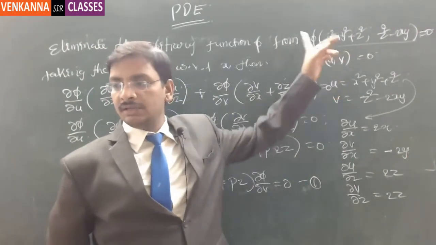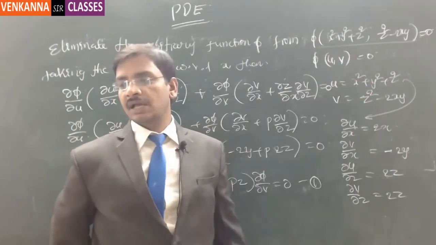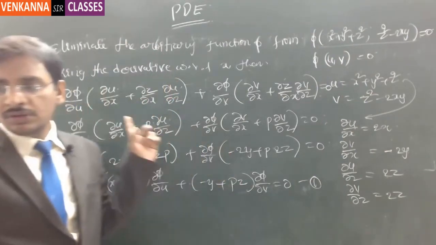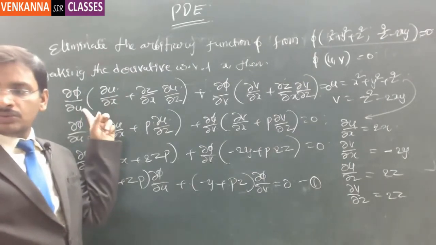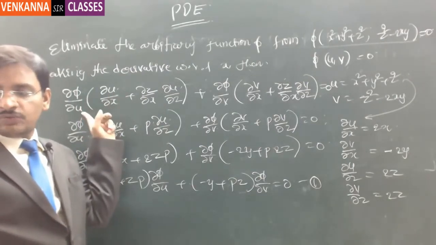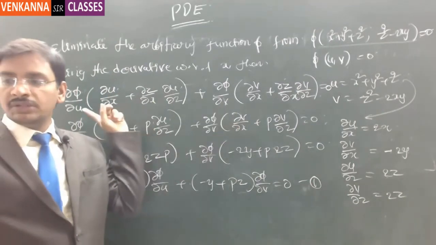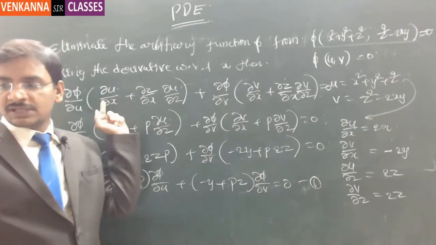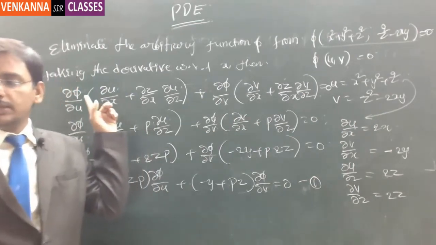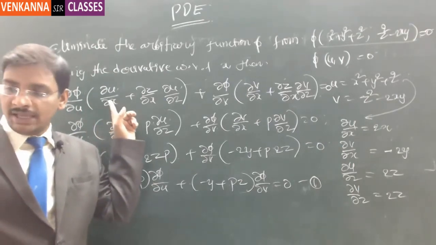But u is again an internal function of x comma y comma z, and v is again an internal function of x comma y comma z. So if you want to take the derivative by chain rule, you have to do the derivative with respect to u first and then with respect to v next. But when you are doing the derivative with respect to u, then u is internally a function of x comma y comma z. So here you need to take the derivative of u with respect to x again.